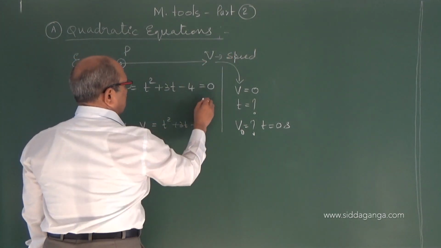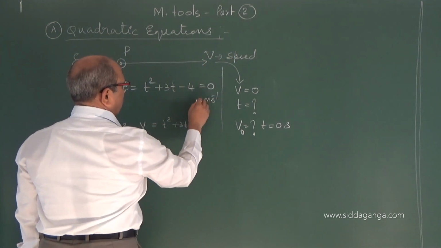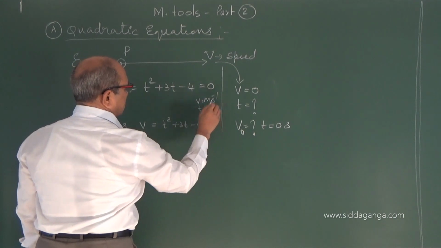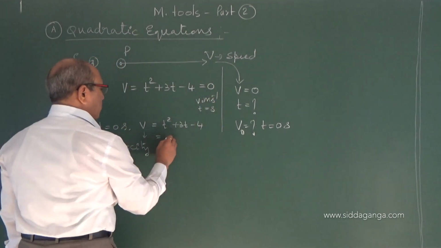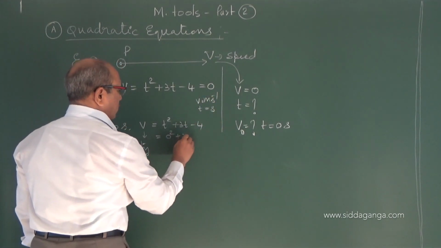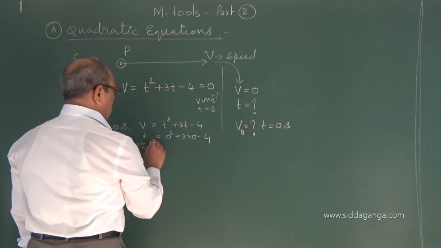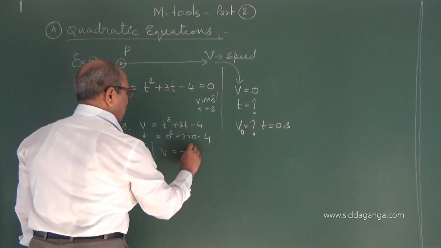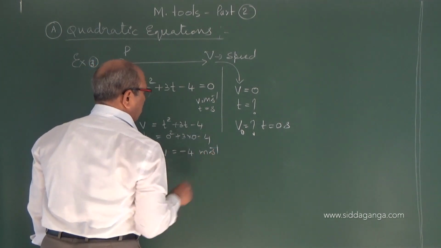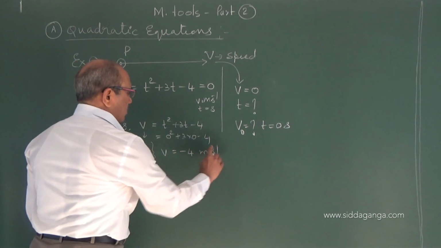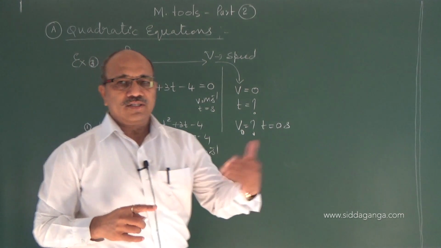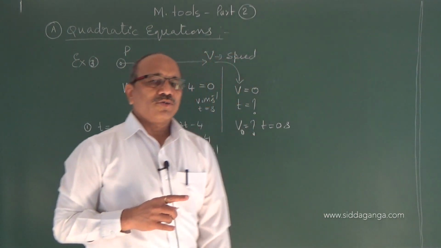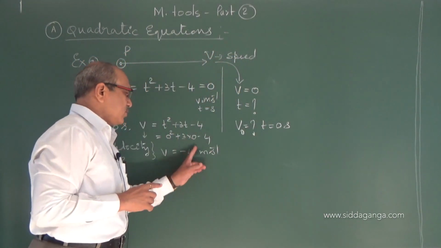If it is measured in meter per second, v is in meter per second and time is in second. If you put the value 0 square plus 3 into 0 minus 4, you get velocity equal to minus 4 meter per second when time is 0. That is when we just start the measurement. So already it has velocity equal to minus 4 meter per second.